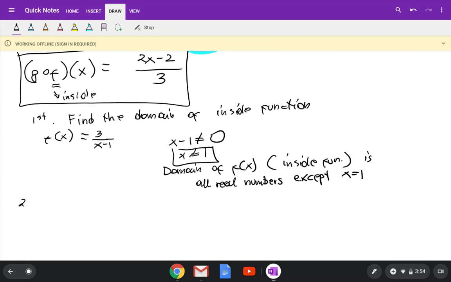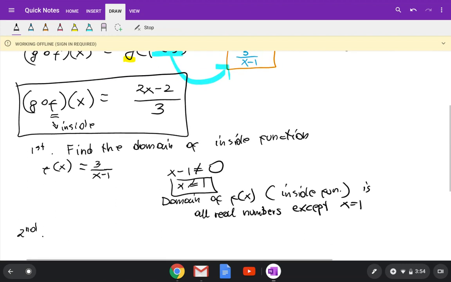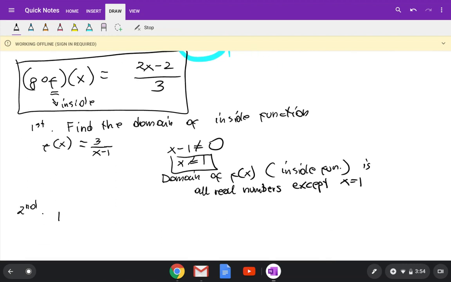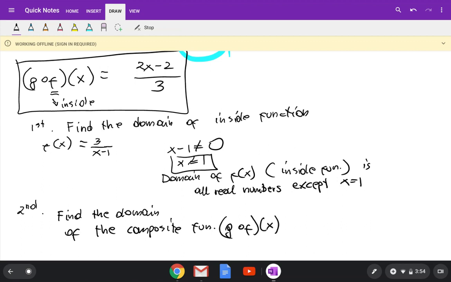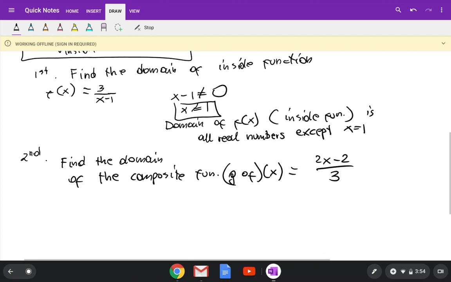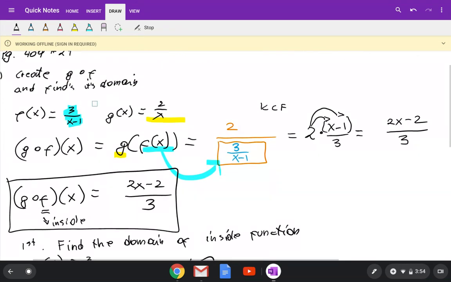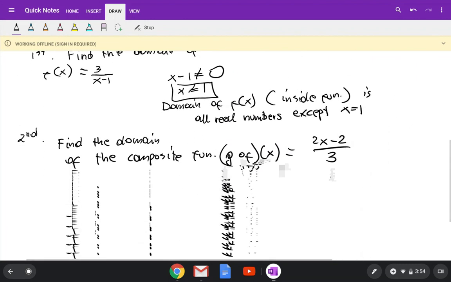Now, second, of course, you need to find the domain of your new function, which we just composed. So we have to find the domain of the composite function, g composed with f of x, which is 2x minus 2 divided by 3. Okay, so look what happened.